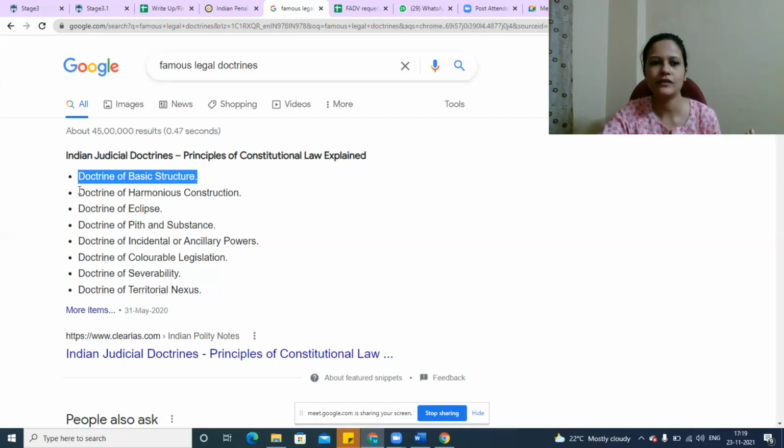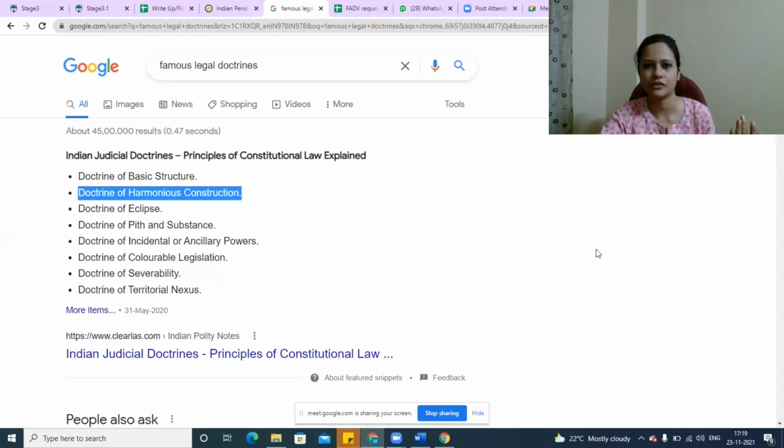Same way, doctrine of harmonious construction. What is harmonious construction? It might happen that there is one legislation. In a legislation, there will be multiple sections, right? Sometimes it may happen one section is saying something, another section is saying something completely opposite. Which one do you follow?